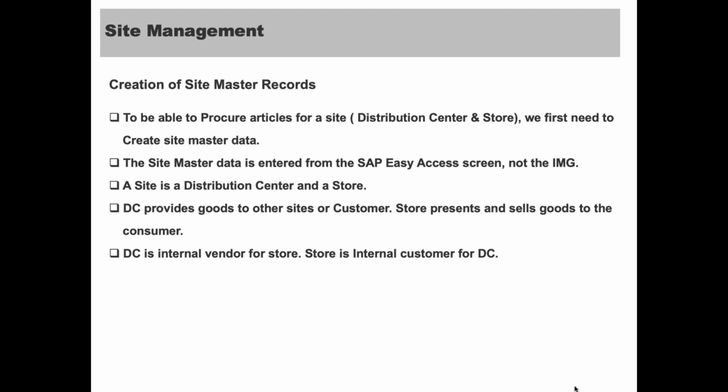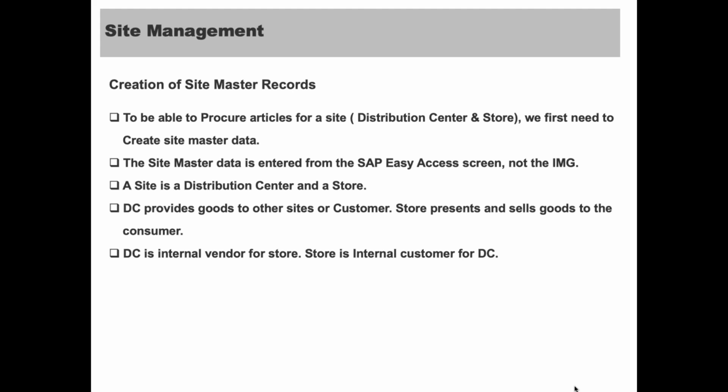And since site, as I said in the beginning, from a retail business perspective, there are 2 types of sites. One is a distribution center, and the other is a store, right? Distribution center is something where we stock the products on a wholesale basis and supply the stock to the stores as and when it's required. Whereas store is the actual sale point, right?